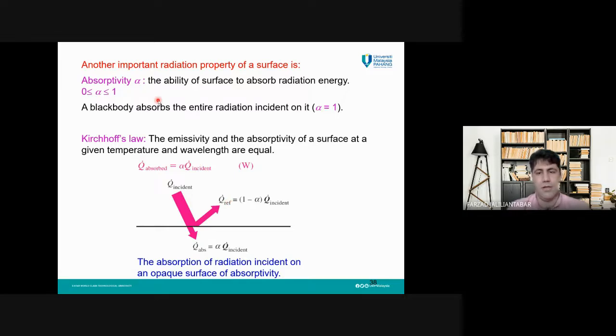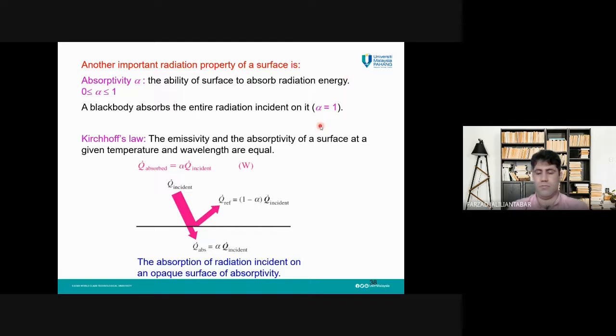So we need to define this absorptivity, which is the ability of a surface to absorb radiation energy. Alpha, similar to epsilon, is a number between 0 and 1. For a black body, alpha is equal to 1, or in other words, it absorbs the entire radiation incident on it.